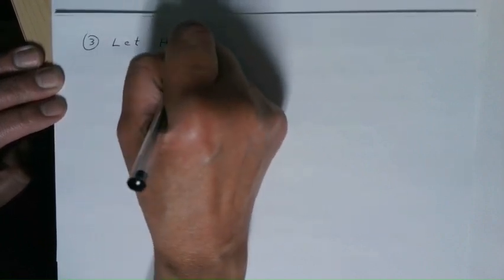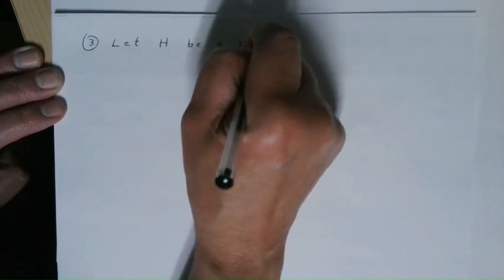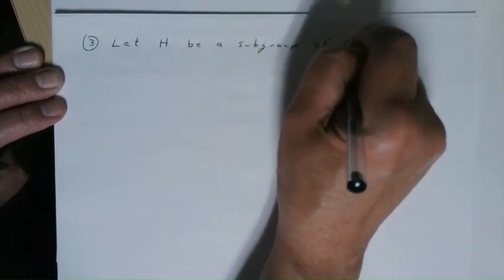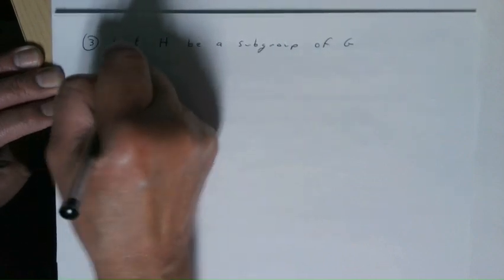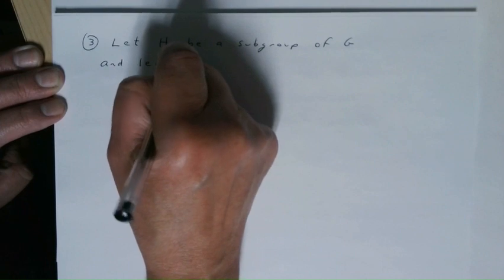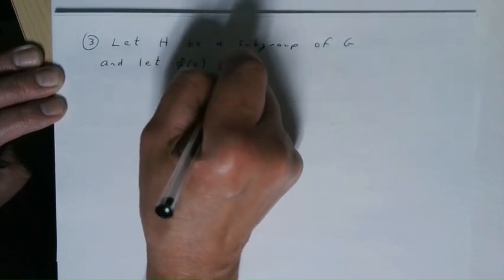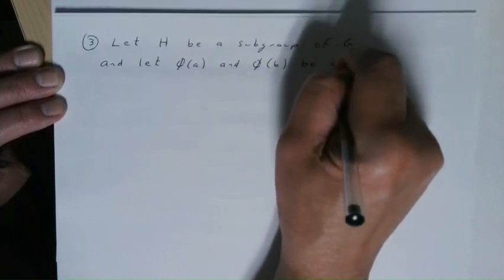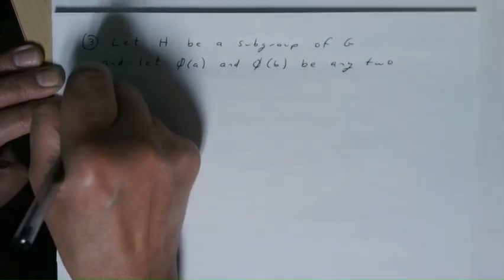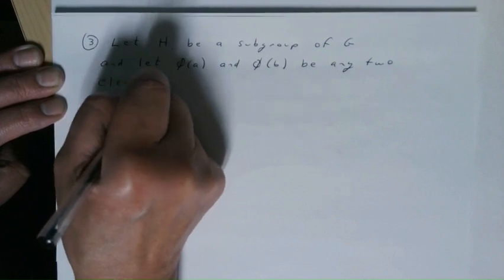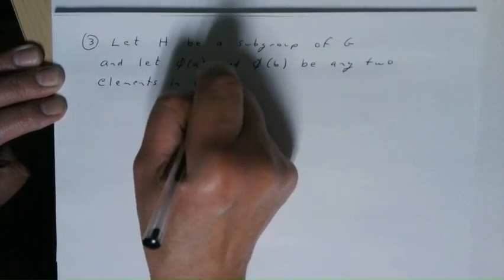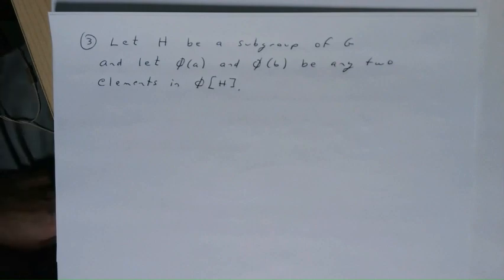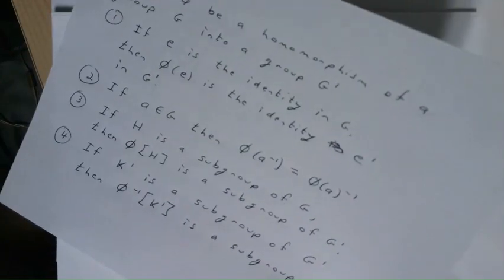Let H be a subgroup of G. And let phi of A and phi of B be any two elements in phi H. Then now we need to show it's a subgroup.